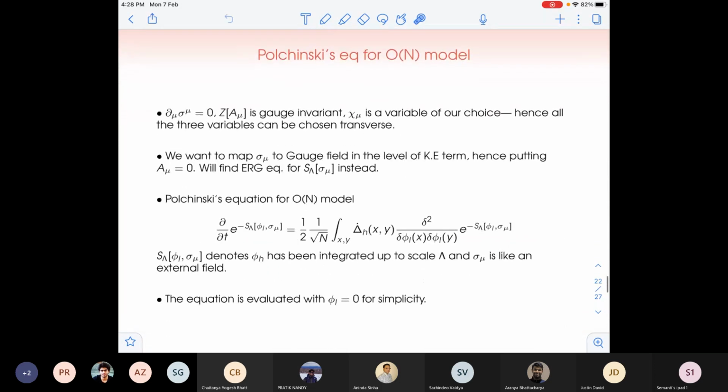So now we'll derive the Polchinski equation for the ON model for this variable sigma mu. We have always chosen sigma mu in such a way that it satisfies the conservation law, Z mu is gauge invariant, and chi mu is a variable of our choice.